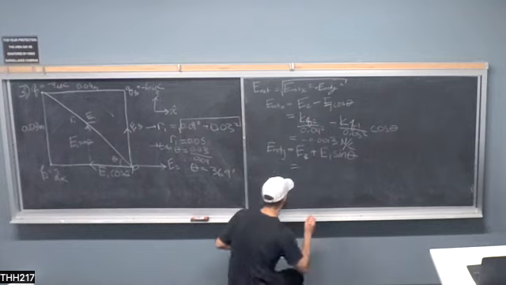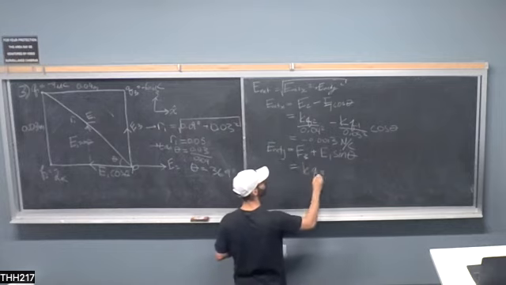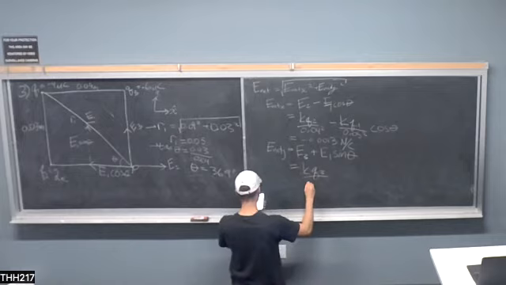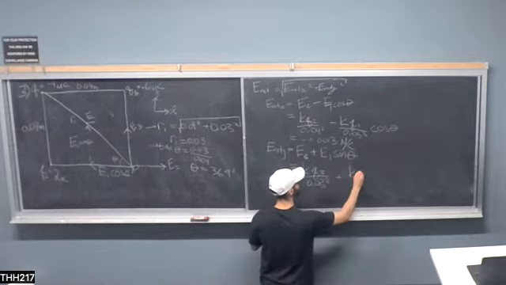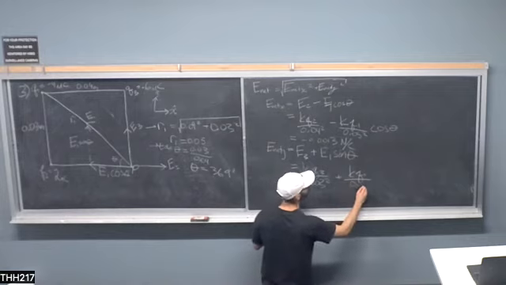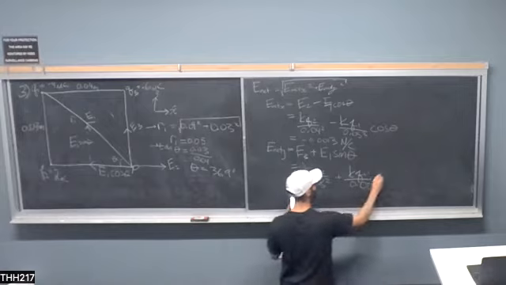So, K Q3 divided by the distance between them, which is 0.03 squared, plus K, what's the charge, Q1 divided by 0.05 squared. And then now it's just sine theta.